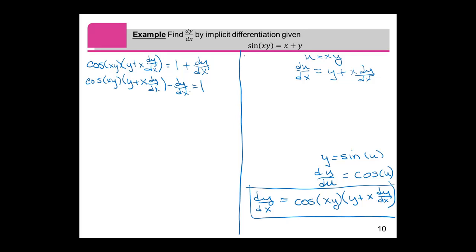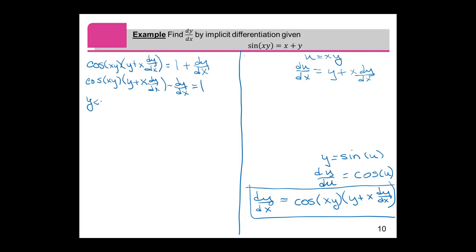Yes, correct. And then now we could not factor, but bring the dy dx on the outside. How would I do that? You would have negative dy dx times x. Hold on, be careful. You have to distribute first. So it'll be cosine xy, and I'm going to put that y on the front here.